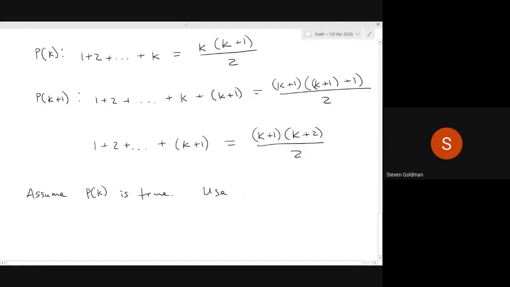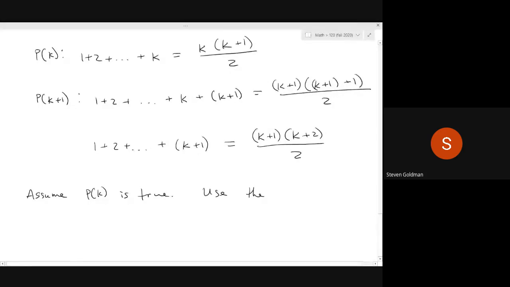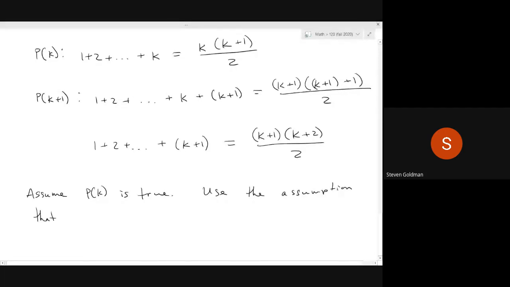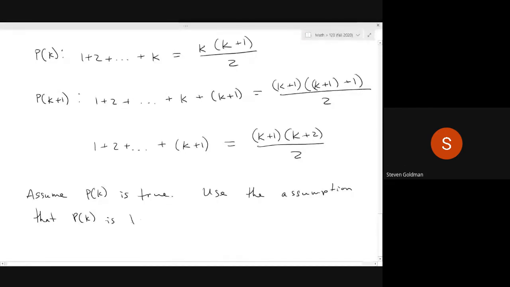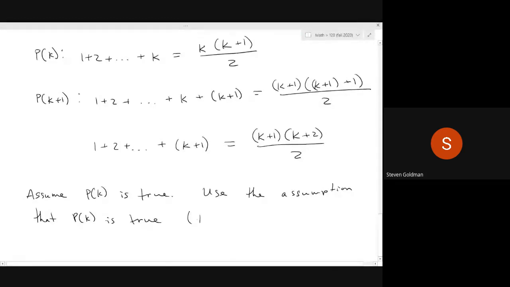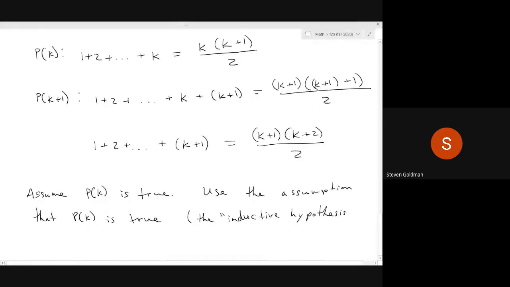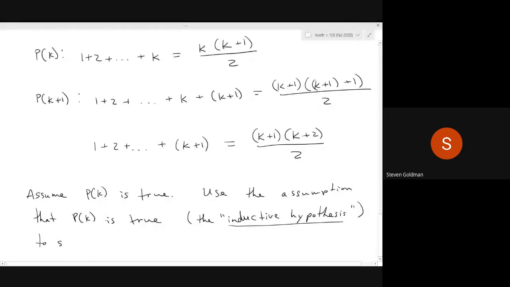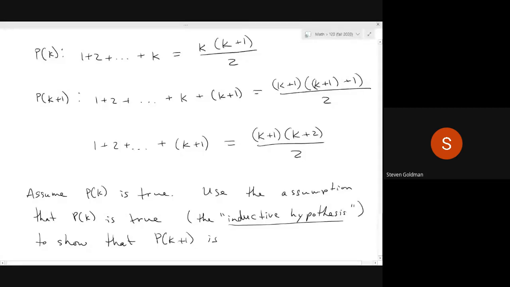Then we use that assumption that P of k is true, and this assumption is called the inductive hypothesis, to show that P of k plus 1 is also true.